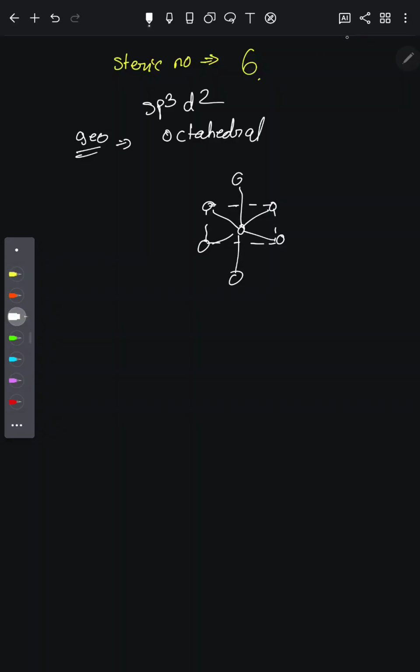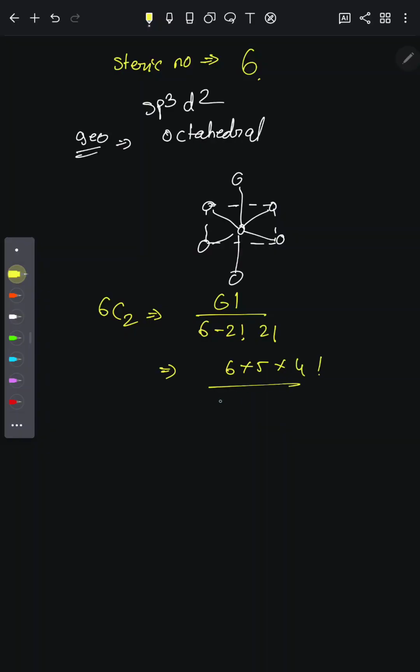If we calculate the number of bond angles present in this molecule, we get 6C2, which is equal to 6 factorial upon (6 minus 2) factorial into 2 factorial. If we solve this, 6 into 5 into 4 factorial upon 4 factorial into 2 factorial, so this will cancel out, and this 2 will divide 6 to give 3. 3 into 5 will equal 15.